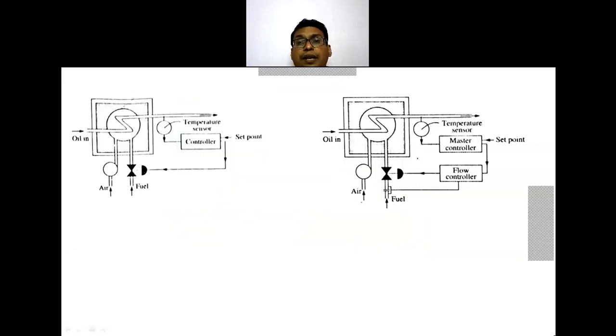Now another example, that is furnace temperature, cascade control of temperature in the case of a furnace. Oil is being heated inside a furnace, inside that furnace fuel and air, fuel is burnt, so the temperature will increase, and this oil will get heated.